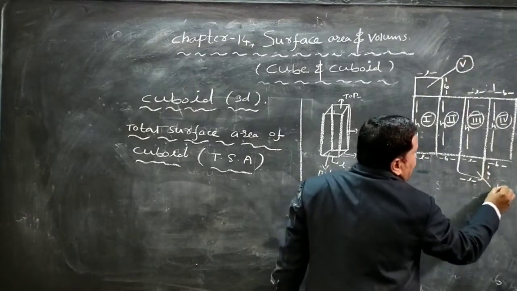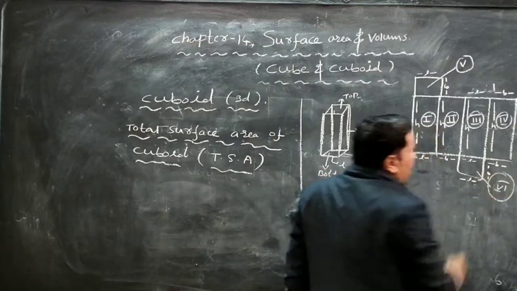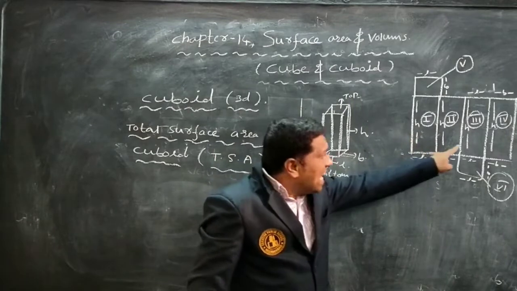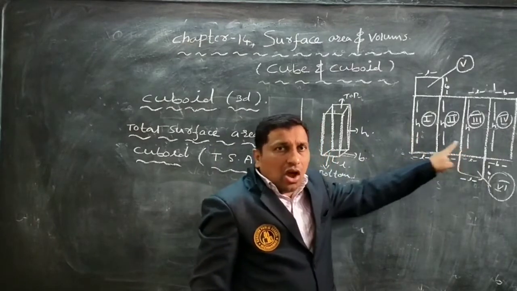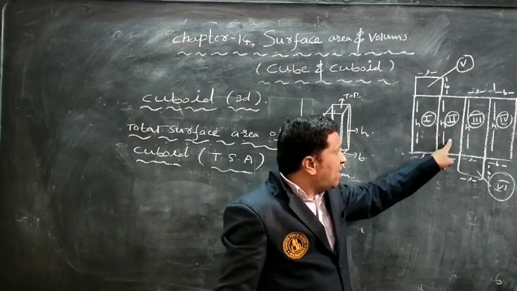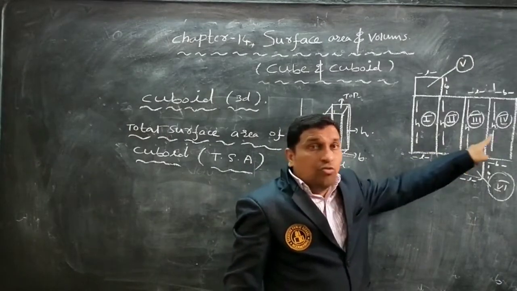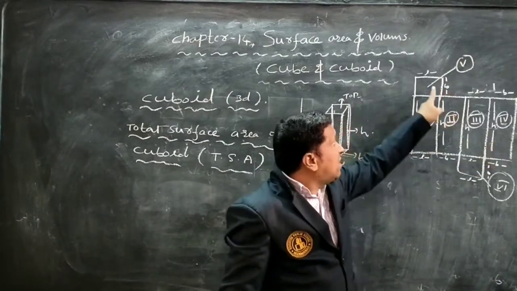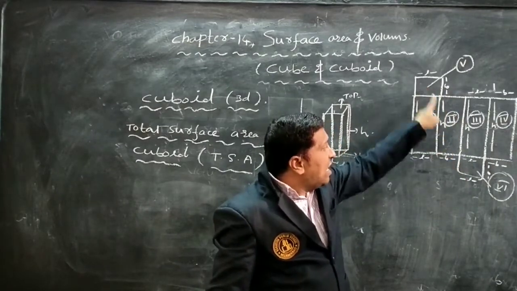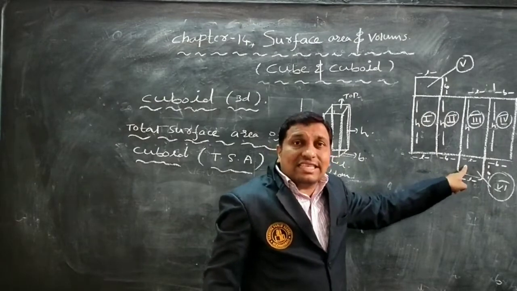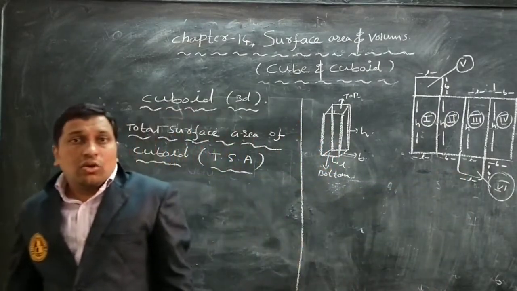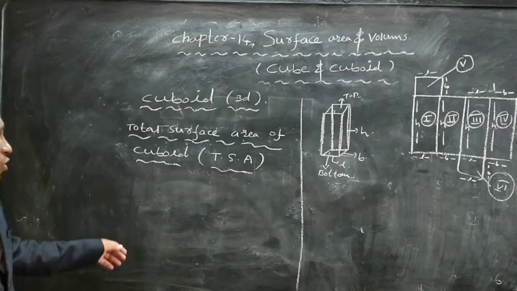This one is sixth. So here I will calculate each and every area. Okay, the first rectangle area, second rectangle area, third rectangle area, fourth rectangle area, and top and bottom are also rectangles, so fifth rectangle area and lastly sixth rectangle area, and we have to add them. So we get the total surface area of a cuboid.